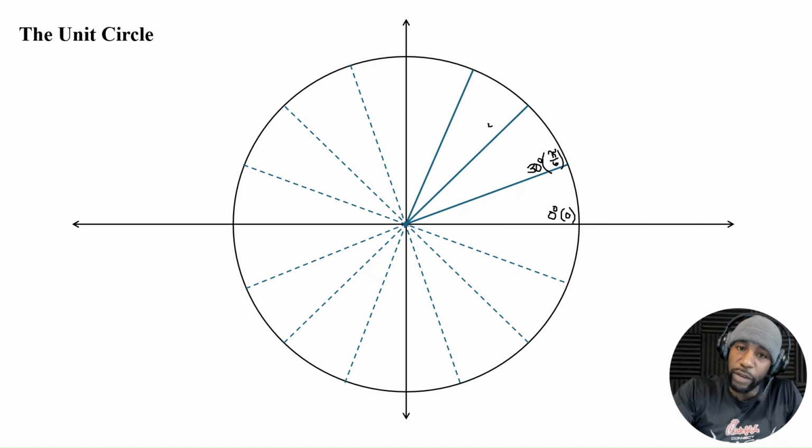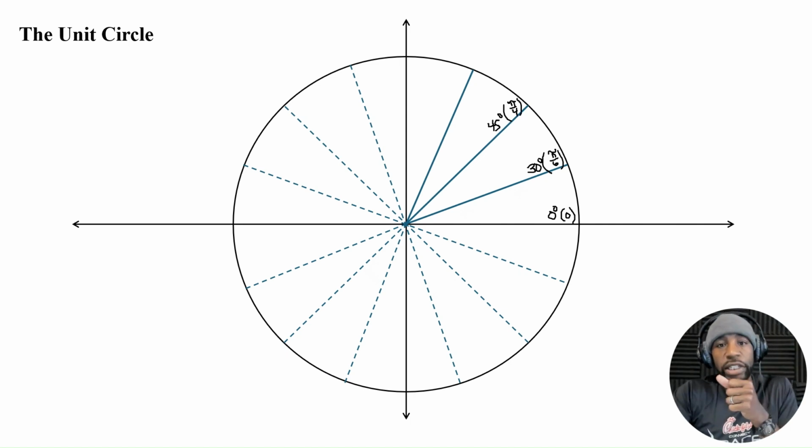You have 45 degrees, which is pi over 4 radians. Then you have 60 degrees, which is pi over 3 radians. Then you have 90 degrees, of course, which is pi over 2 radians. Then you have 120.